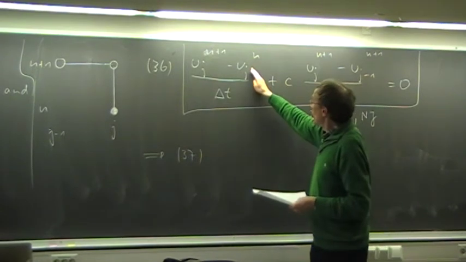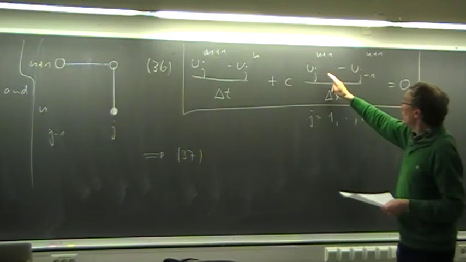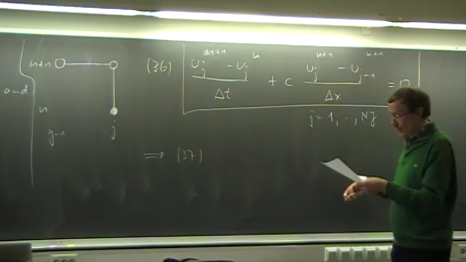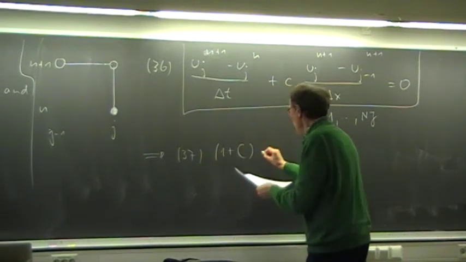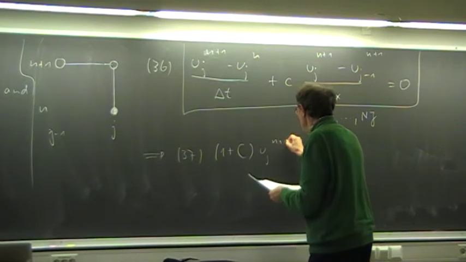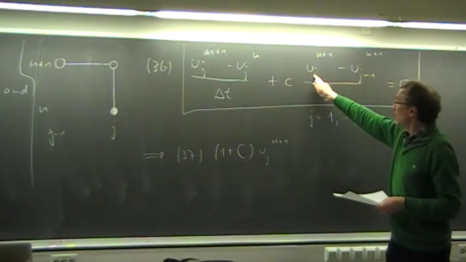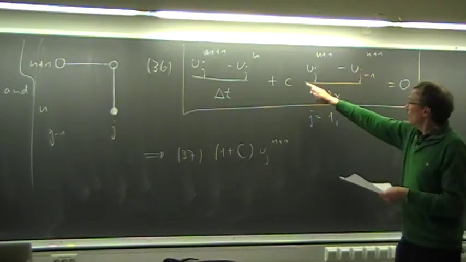And here we'll have the u_j^(n+1). And here we will also get a Courant number with that. So we'll get 1 plus the Courant number, u_j^(n+1). So then we have taken this and this into account. Now we have to take this into account, and that will get a minus.